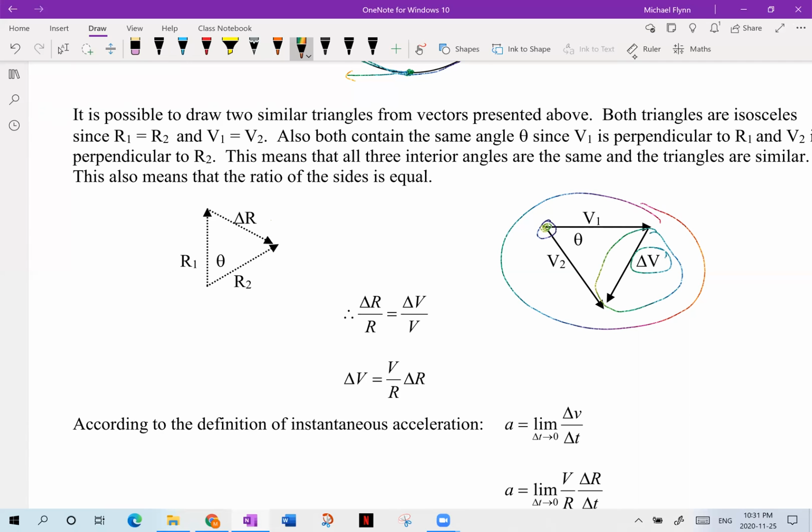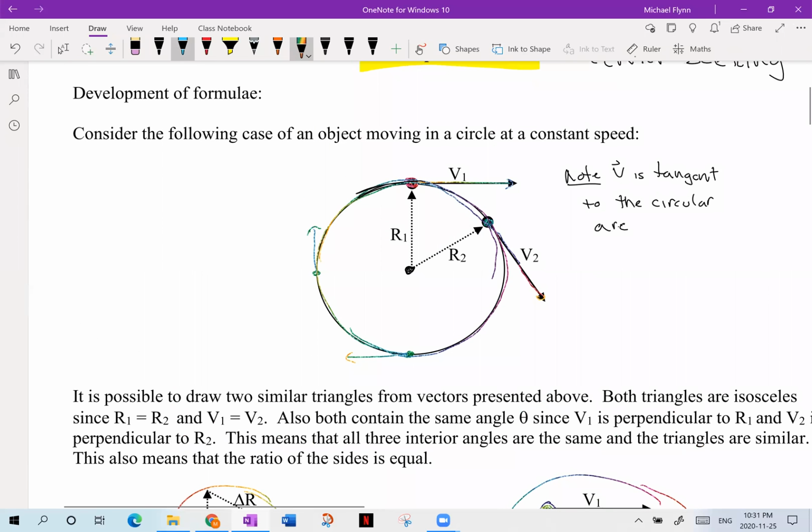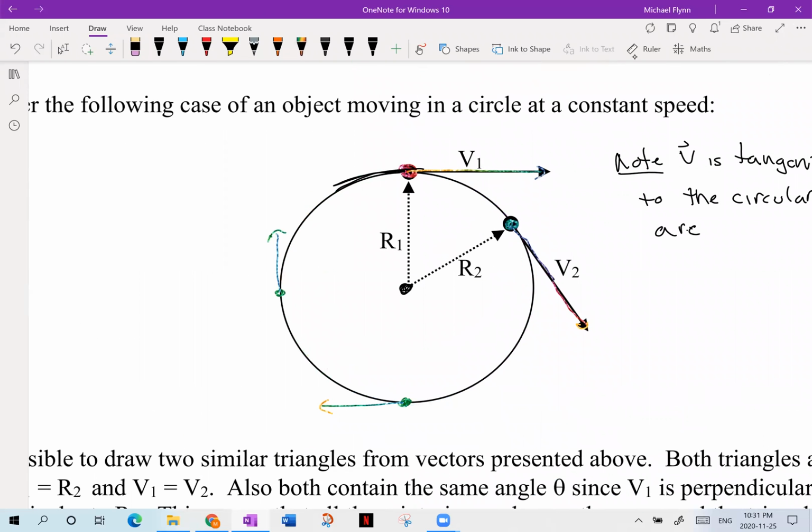Now this is a displacement diagram here, okay? And these are similar triangles for reasons that I don't care to explain right now. But anyway, there's a displacement diagram. So in other words, the object has traveled here at the top, going around the circle. If it travels from the top at 12 o'clock noon over to here, this is its displacement, which I call delta R. It's just a straight line joining its beginning point and end point.